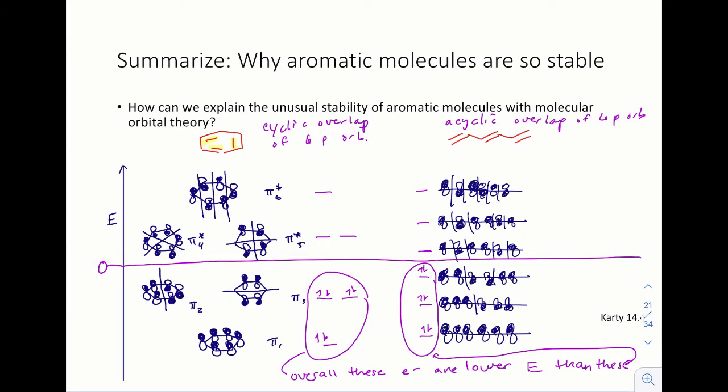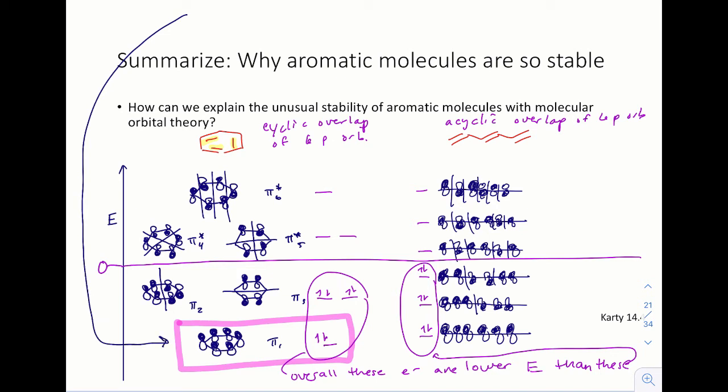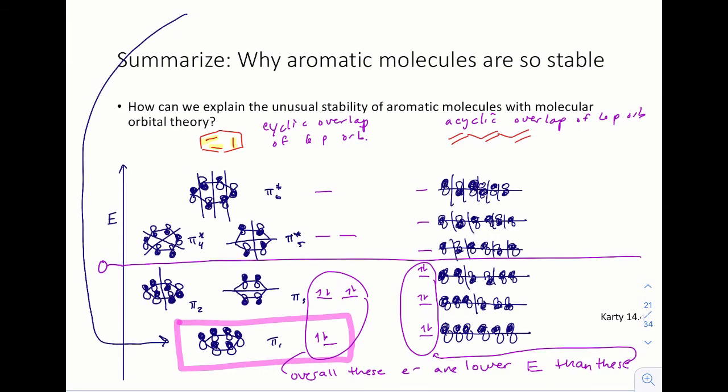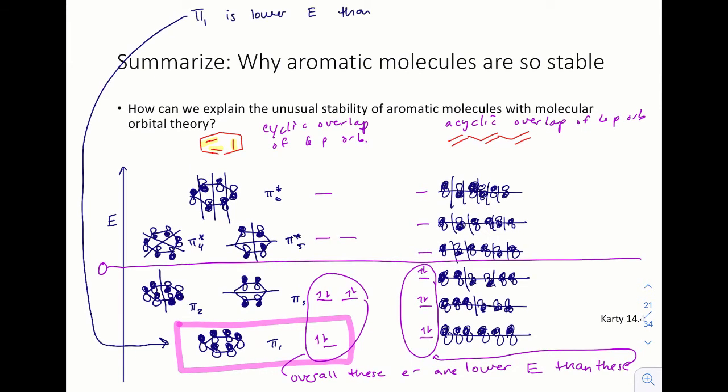One more fun fact before we move on. It's hard to tell from my drawings here, which came from my brain and not from a computer modeling quantum mechanics, but this lowest energy pi orbital for benzene, pi 1 here, is actually lower energy than 4 of the sigma orbitals for benzene.